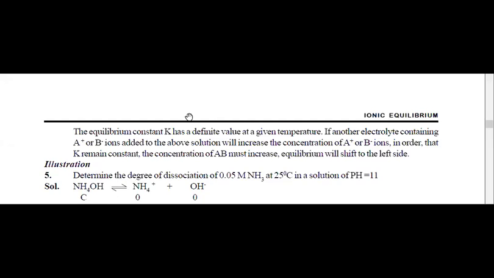Actually, this reaction is just NH3 plus H2O gives NH4 plus and OH minus. Because NH3 plus H2O will react to form NH4OH, which will dissociate to give NH4 plus and OH minus. So this is your reaction. This should be clear with your normal concept.